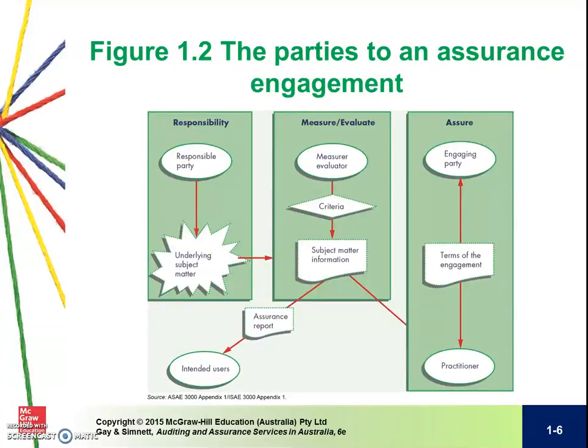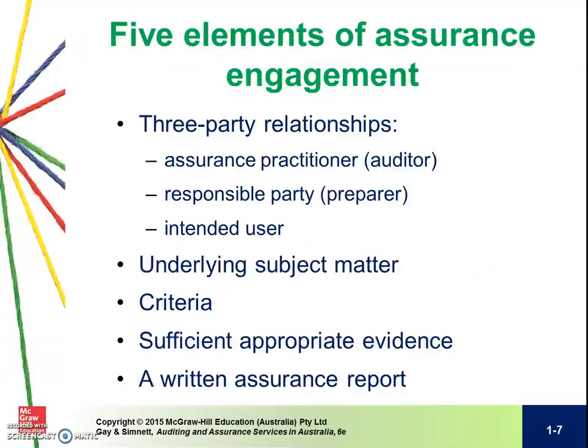Now, this is a figure to tell you about the parties to an assurance engagement. We'll look at that in the next second. This is one of the review questions in your lecture. What are the 5 elements of assurance engagement? We know that the first element is that there must be a 3-party relationship.